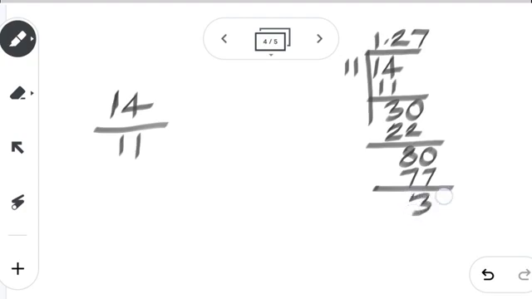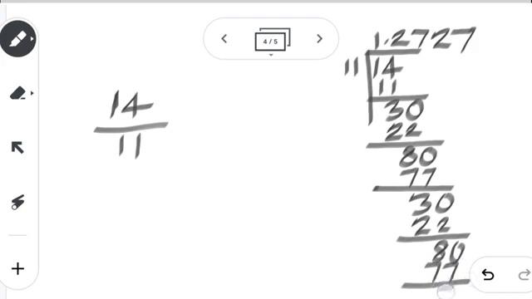Then add the 0. How many 11s are there in 30? We have 2, 2 into 11, 22 again. Subtract 30 minus 22 equal to 8. Add the 0. It is 80. How many 11s are there in 80? We have 7, 7 into 11 equal to 77 again.